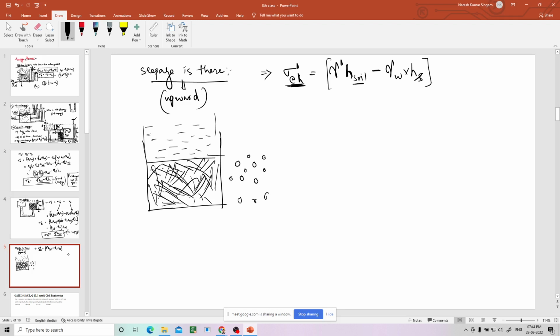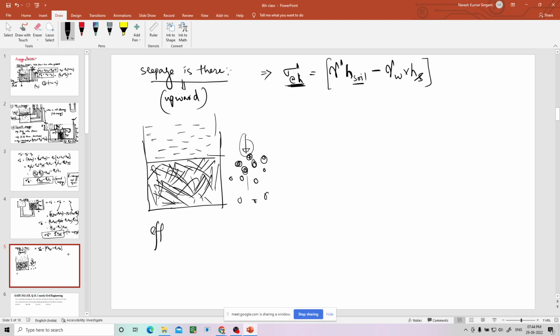When they are going away from each other, at one point they will of course lose contact from each other. Then you can't give any load onto the soil when they are not in contact. When they are not in contact, if you are unable to give the load, what will happen? If you put any load, suppose you are putting your leg, you will just punch inside. That is the reason, because there is no effective stress.